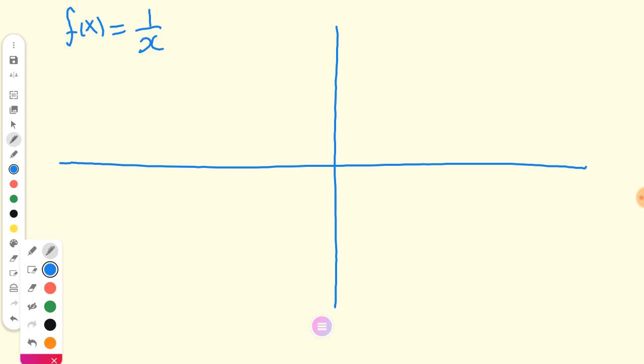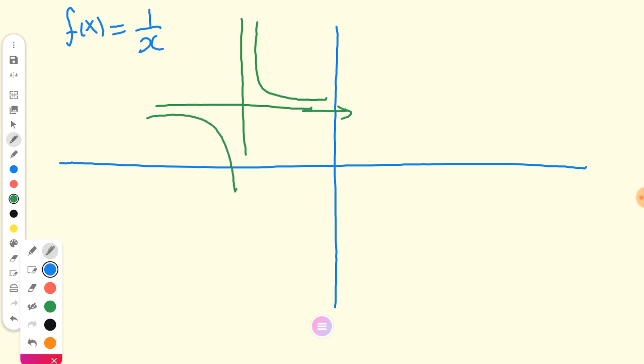It is undefined at x equal 0. What is its sketch? This function is drawn in two quadrants, the first one and the third one.